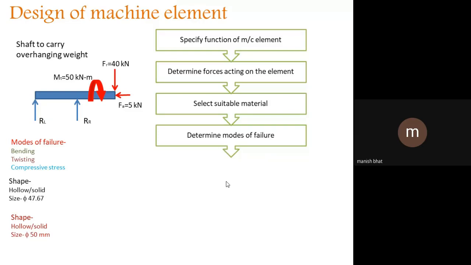Another is twisting. It is possible that the component will get twisted, and failure occurs by that. One more reason I have written is compressive stress. So there are many modes of failure. Due to excessive tension, it will fail.